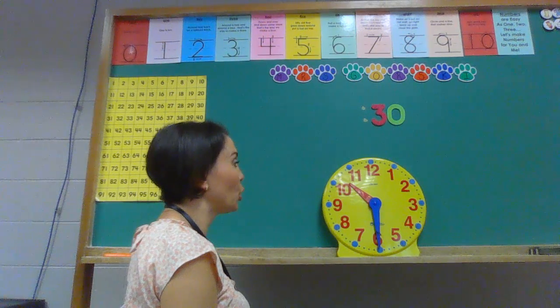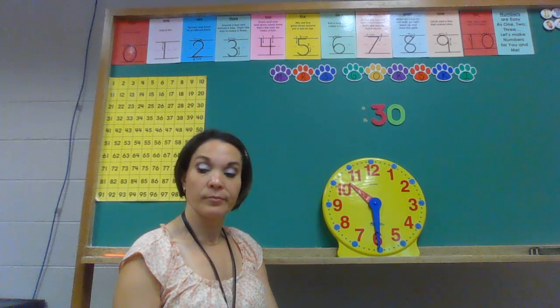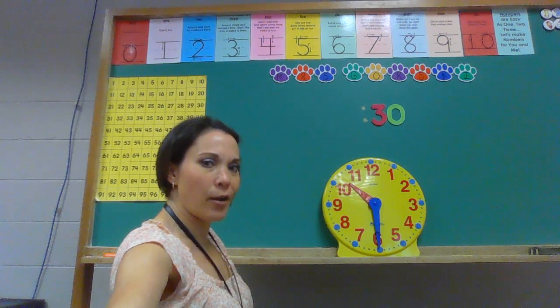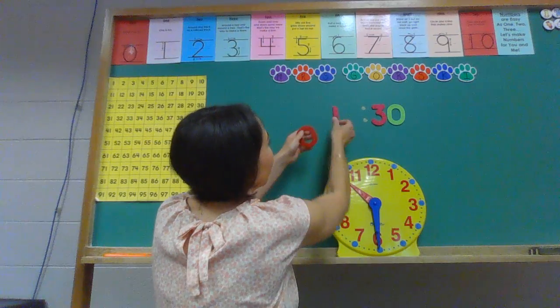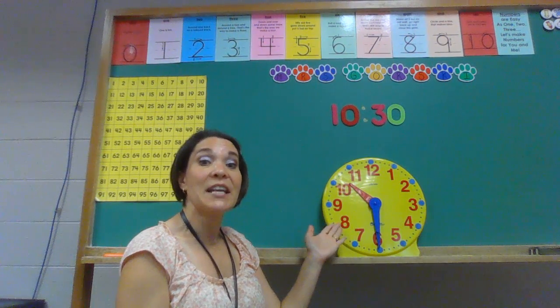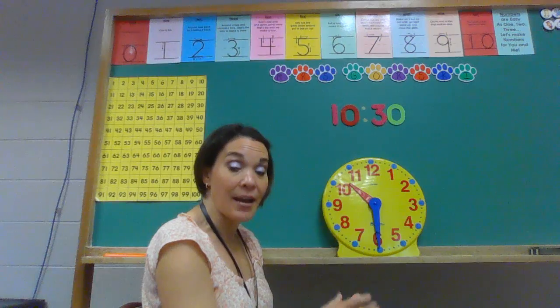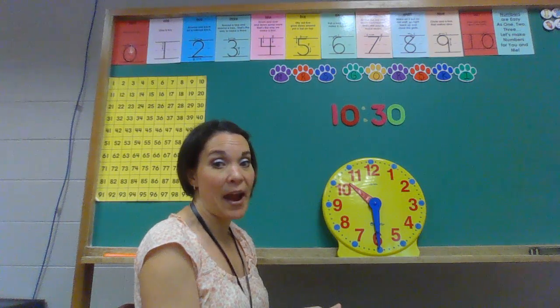Which one would you choose? The 10 or the 11? If you said 10, you are absolutely right. This would be 10:30 or half past 10. Half of that hour is gone. That's why I say 10:30.